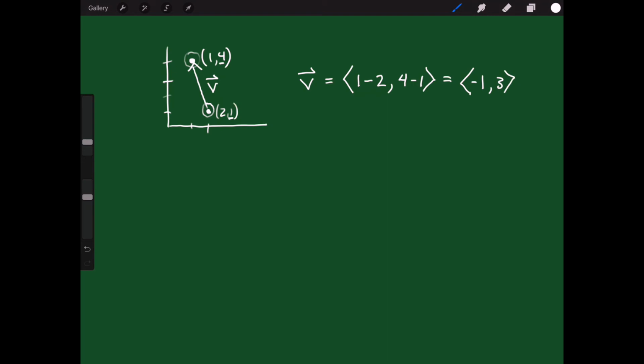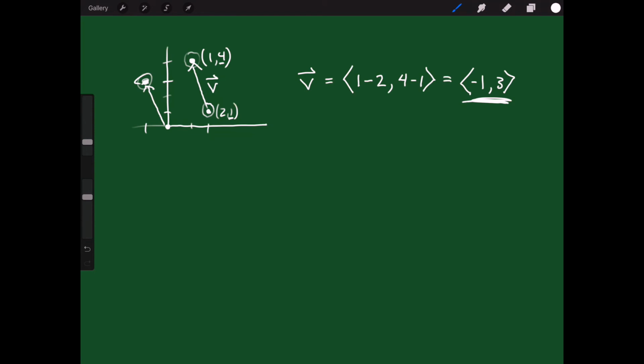3. Now, if I took this vector and started it over here, this vector goes up 3 and left 1. Up 3, left 1. This would be the exact same vector. And what is the point at which it terminates? Well, it's -1, +3, which is exactly what I came out with.